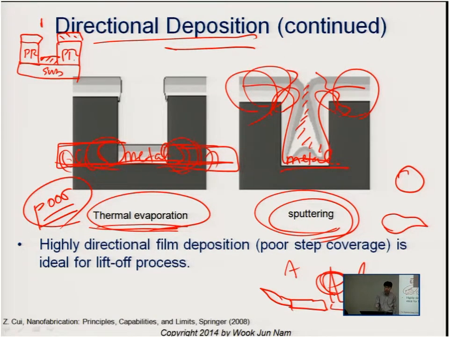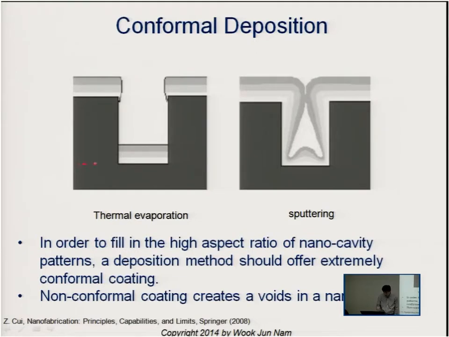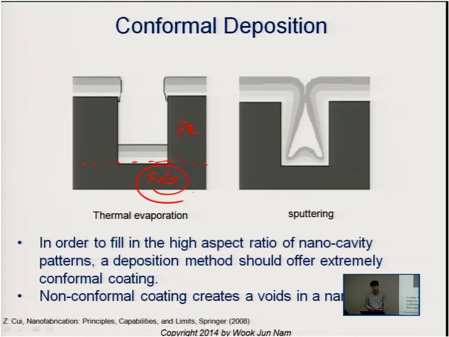So when you remove the photoresist, since this film and this film are disconnected, when the photoresist is removed, this film is removed together, right? Yeah, right. And then this one just remains on the substrate, and this one is removed as well. Okay. So in this cartoon, it should have these lines, and this one could be a photoresist, and this one is a substrate, right? Sorry about that.